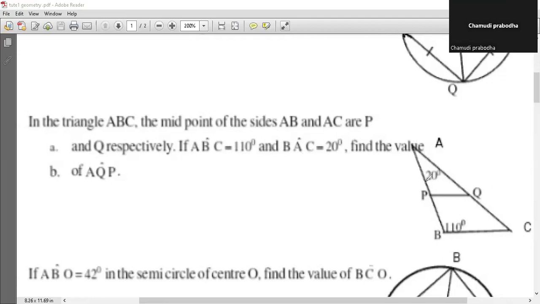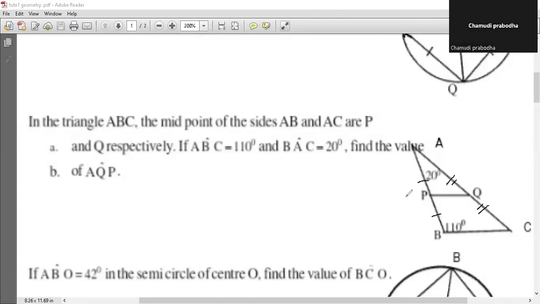So we can apply the given data. Midpoint of the side AB is P, AC is Q. So by P, AB is divided into two equal parts, and also by Q, AC is divided into two equal parts.